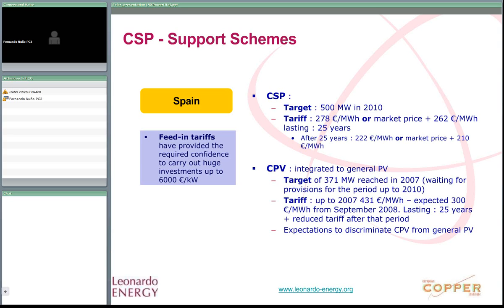There are many projects in the pipeline. The tariff is market price plus 262 euros per megawatt hour. This lasts for 25 years. After this period, there is still a subsidy of 210 euros per megawatt hour.